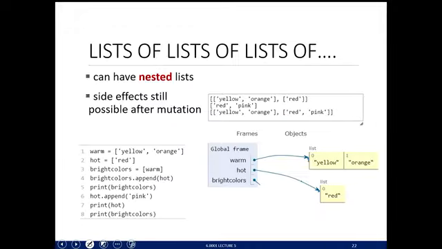So warm points to these 2 colors. Hot is equal to a list with 1 element. Bright colors is going to be a list. And the element inside the list is a list itself. And the element inside here, which is a list itself, is actually just pointing to whatever warm is, that object.